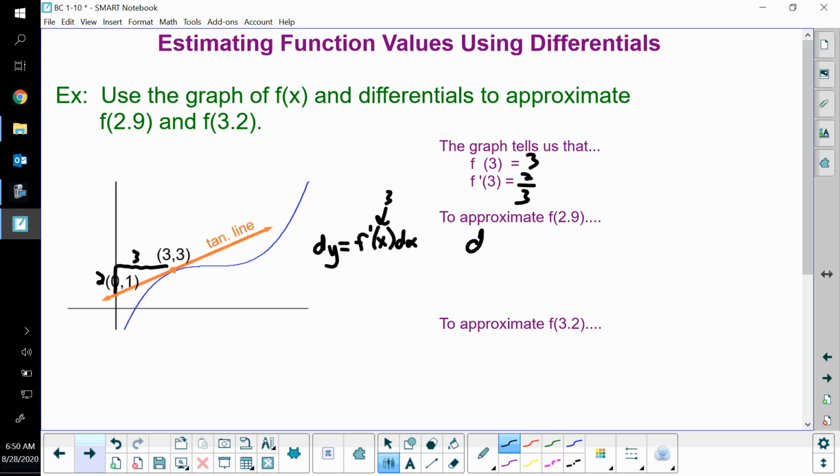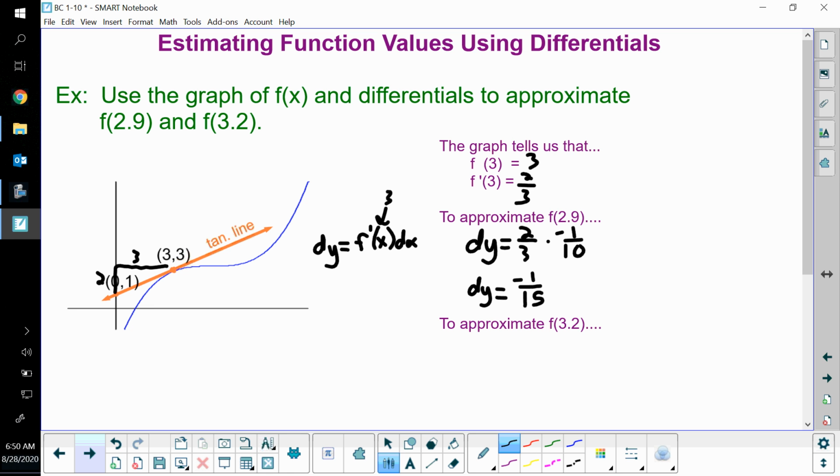In this case, f prime of 3 was just 2/3. If we're dealing with f of 2.9, we want to go down 0.1, or 1/10, so we multiply by negative 1/10. This means our dy is negative 2/30, or negative 1/15.